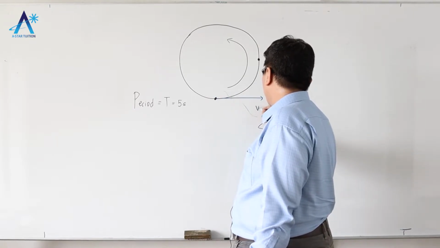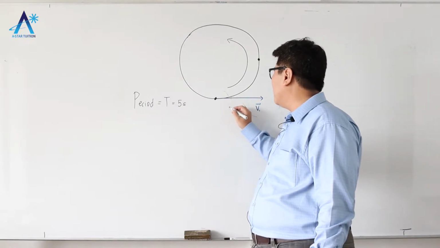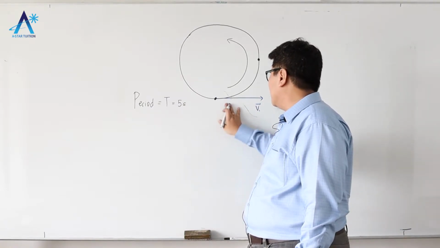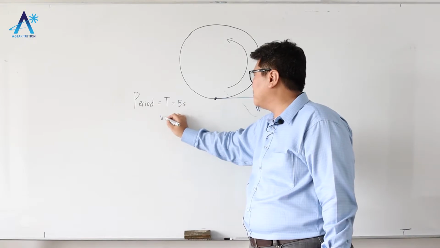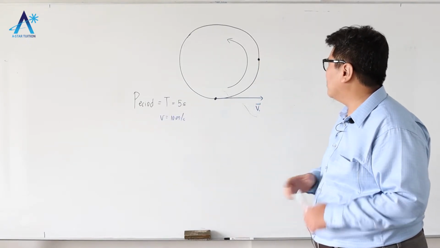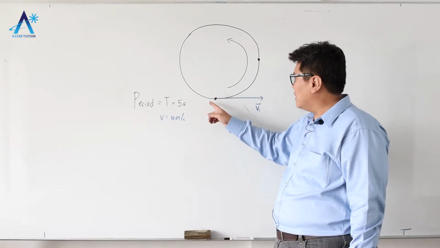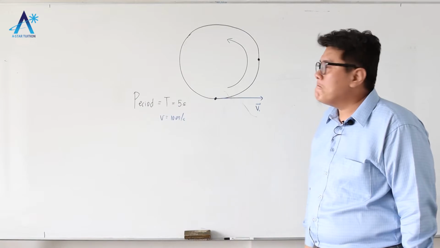So this is the initial velocity. Let's say it has a speed of 10 meters per second. Okay, so this is at one instant when the particle is at this position.